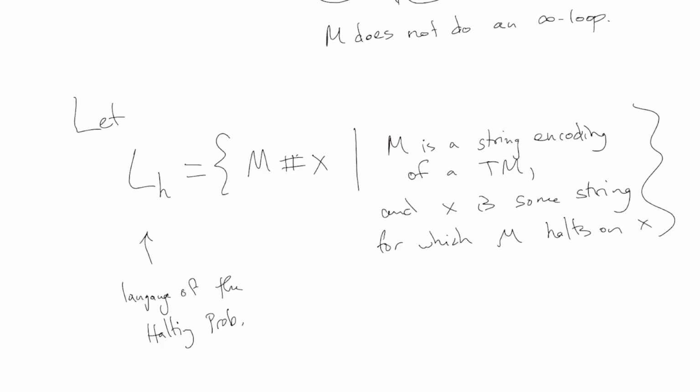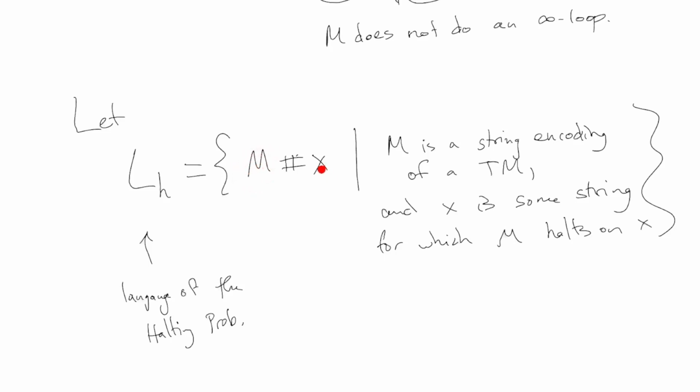Any Turing machine can be encoded as a string of zeros and ones if you like. I don't want to get into the details of how this is done, but I think everybody knows that any piece of information stored in a computer is somehow converted down into a string of zeros and ones, right? So I imagine you take a full Turing machine diagram, turn it into a string. It could be zeros and ones or whatever else you want to use. That's what M is. So M is a string which describes a Turing machine.